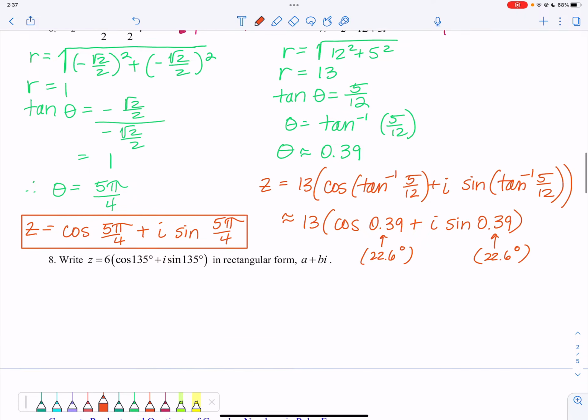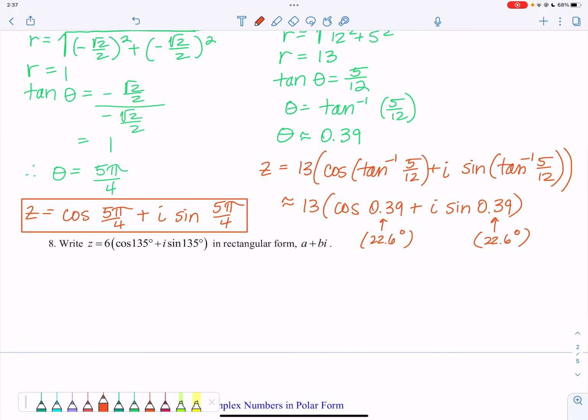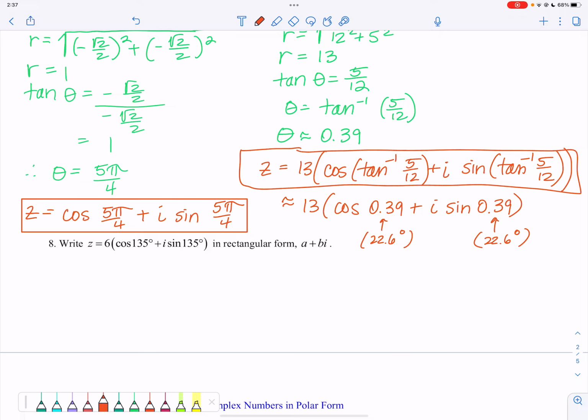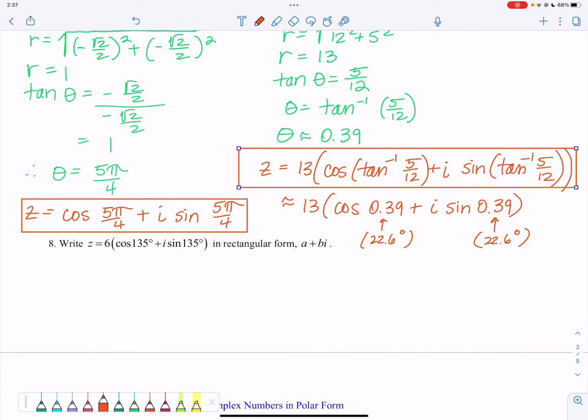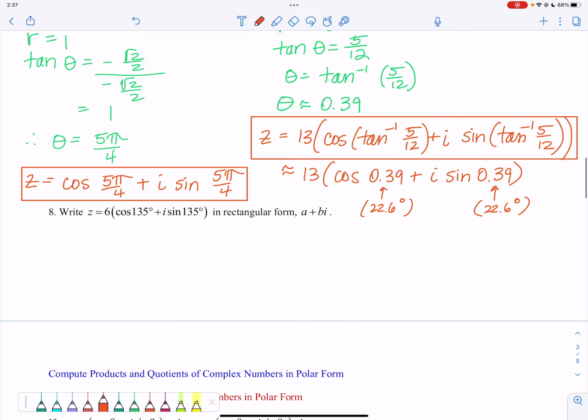Okay, let's take a look at number 8. Write z equal to 6 cosine 135 degrees plus i sine 135 degrees in rectangular form a plus bi.